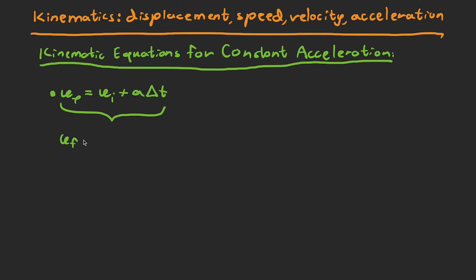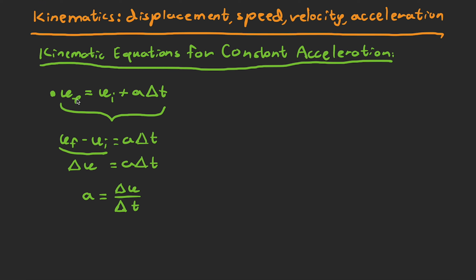If you say that final velocity minus the initial velocity equals the acceleration times the change in time, this is just the change in velocity. And acceleration is equal to change in velocity over change in time.